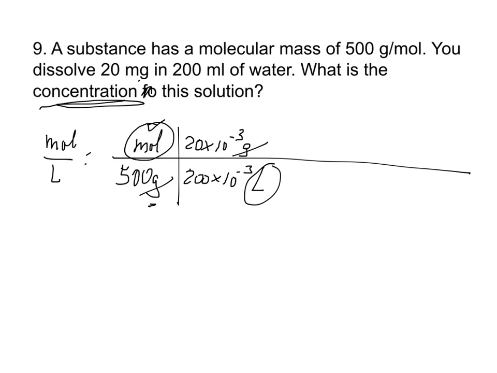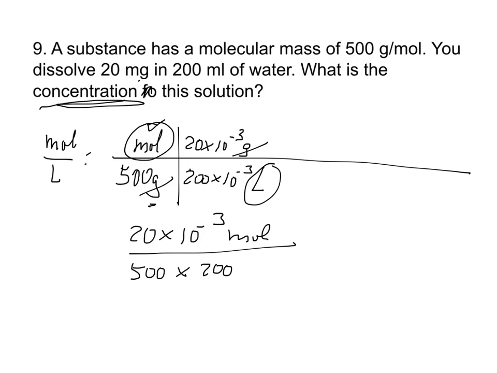And what is left is really 20 times 10 to the minus 3 mole divided by 500 times 200 times 10 to the minus 3 liter. Now the 10 to the minus 3 cancels out. And we get, if we put that in the calculator, 0.2 millimole per liter.